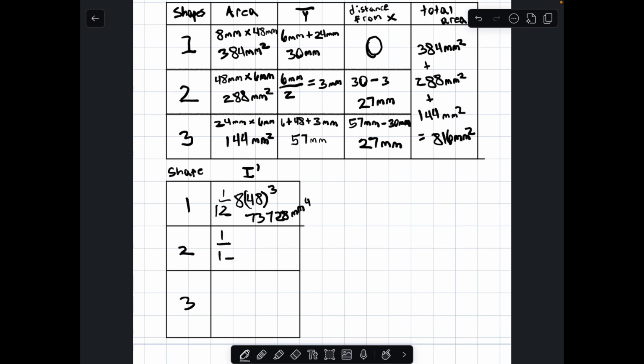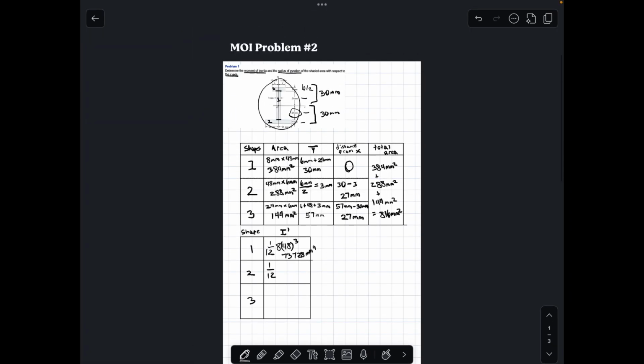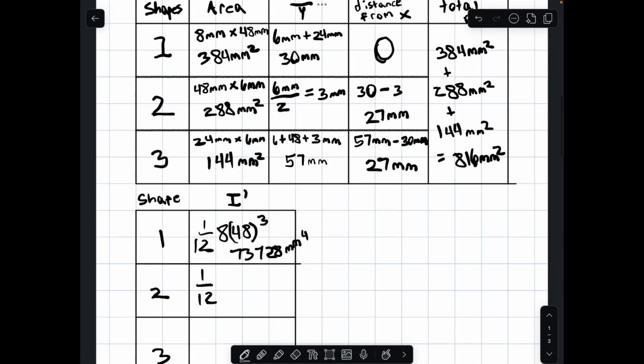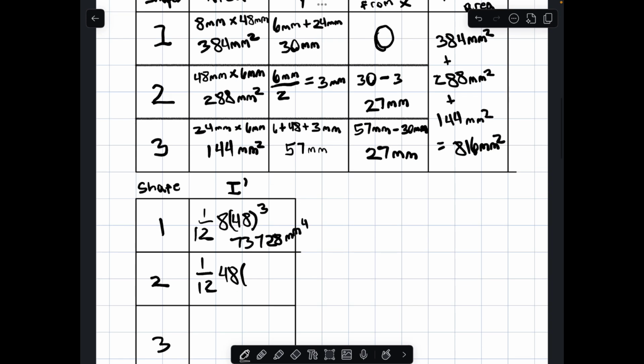And since the second shape is also a rectangle, it's going to be the base, which is 48, times the height cubed, divided by 12. We get 864 millimeters to the 4th.